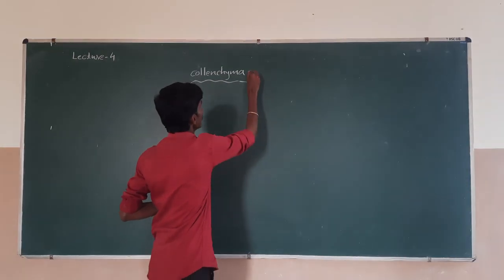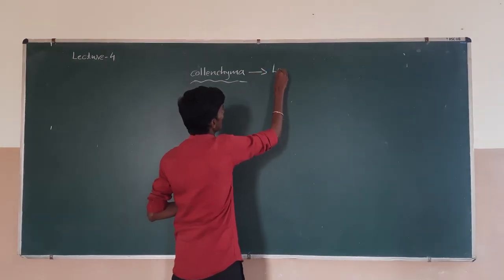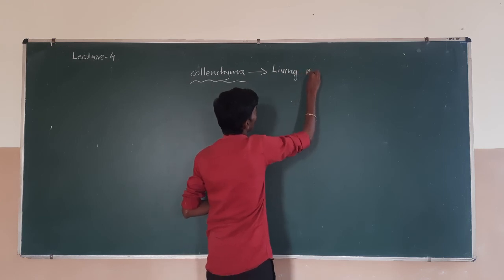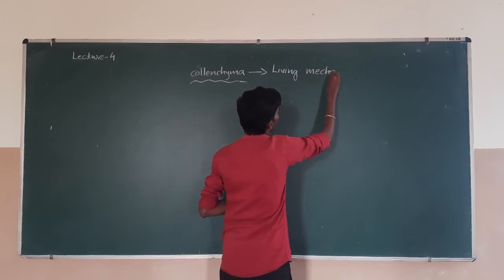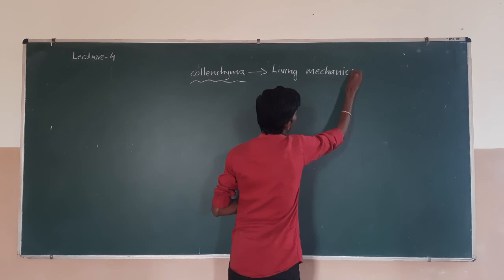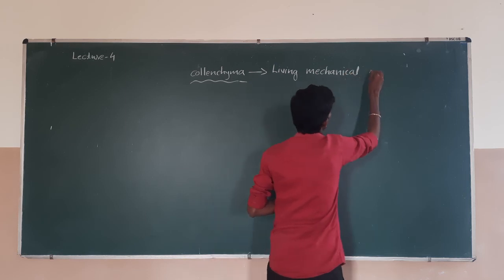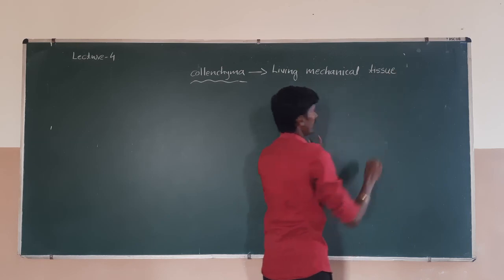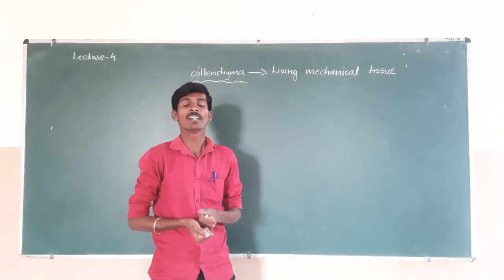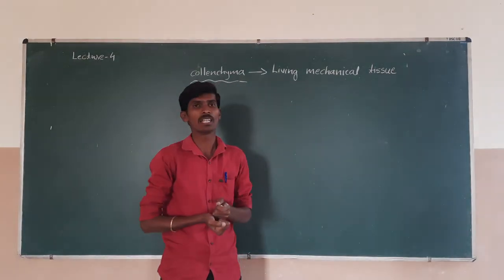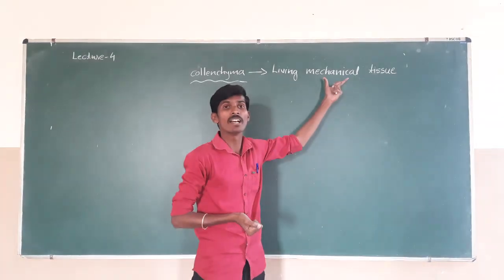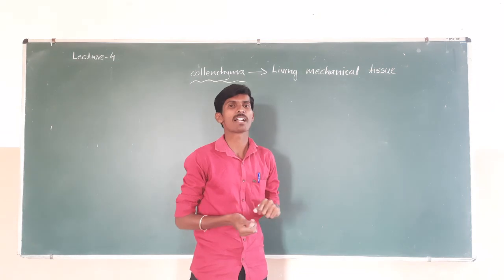It is called a living mechanical tissue because here in this tissue the cells are living. It provides support to the plant parts.